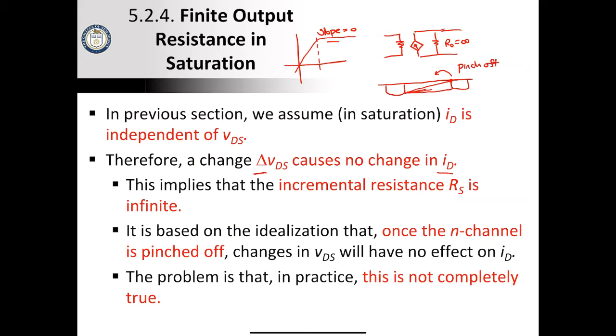So now what we're going to do is we had three versions of the same assumption. And in this next section, we are going to get rid of all of them, meaning that now we will have some effect: ID will be a function of VDS even in the saturation region.